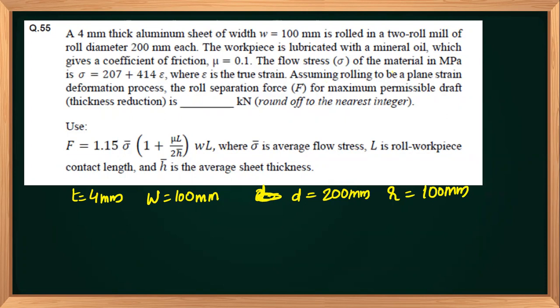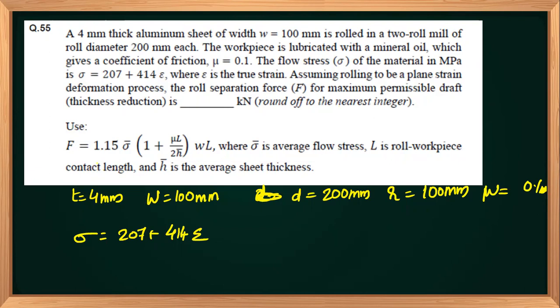Fine. The workpiece is lubricated with mineral oil, with coefficient of friction mu equal to 0.1. Your flow stress is given as an equation: sigma equal to 207 plus 414 epsilon, where epsilon is the true strain. Assuming the rolling to be a plane strain deformation process, the roll separation force F for the maximum permissible draft, thickness reduction in kilonewton, is asked, right?